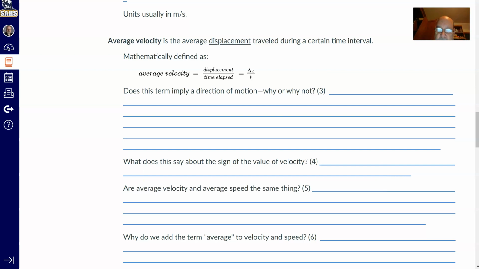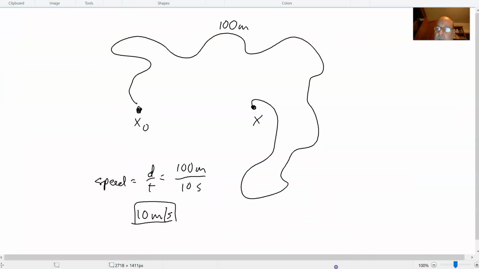Okay, and let me just go to our previous diagram. Again, you don't need to have drawn this, but now I'm going to say my velocity equals change of position, change of x, divided by time, and change of, again, means final minus initial, my final position minus my initial position.